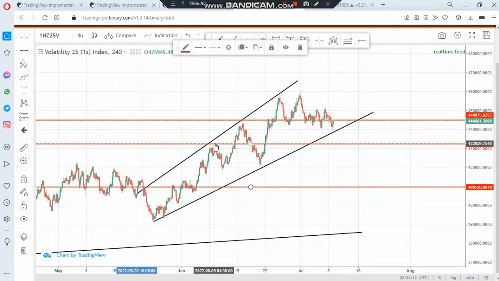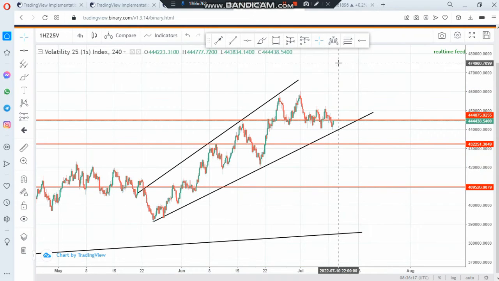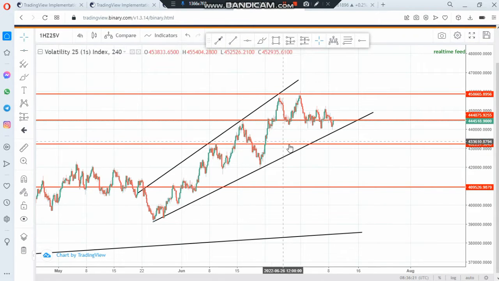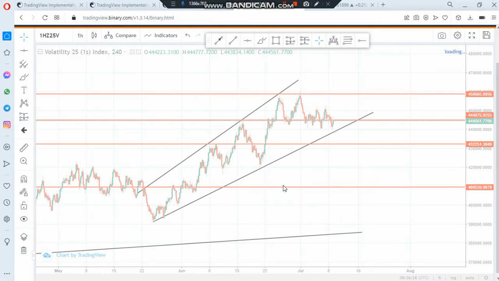Every area that was touched by the price on our resisting trend line, I mark that area because that is the area of value. So let's dive down to the 1-hour time frame to have more details.